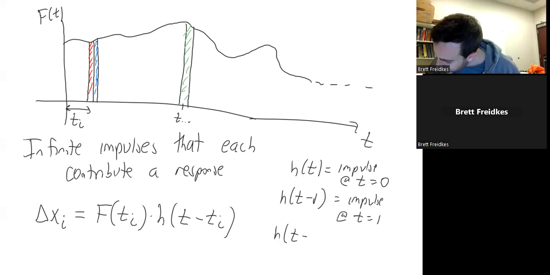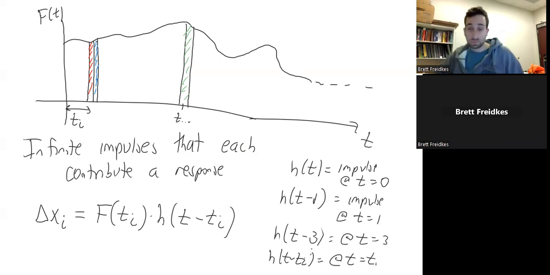H of t minus 3, this was at t equals 3, and so on. I can do this for any time, and that's why I say it's h of t minus t i. This is at t is equal to t i, which changes depending on which impulse I'm looking at. If I'm looking at the first one or the last one or whatever, the location of that impulse is going to impact the impulse response function.